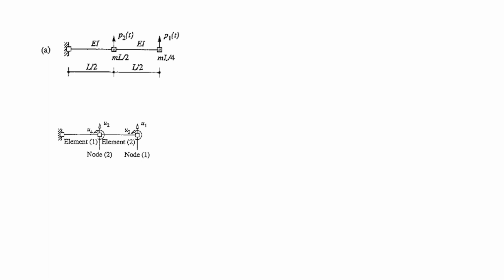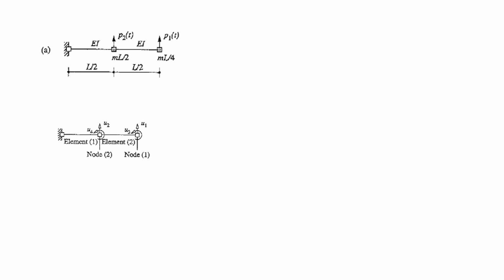With P1, U1 and U3 are associated, translational and rotational, and with P2, U2 and U4 are associated. Thereby this gets divided into 2 elements, element 1 and element 2. Thereby the displacement vector here would be U equal to U1, U2, U3, U4, a matrix composed of these.